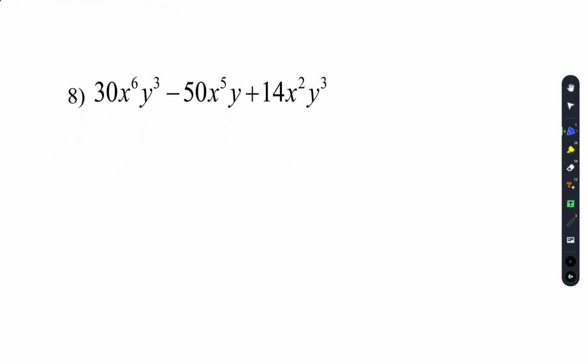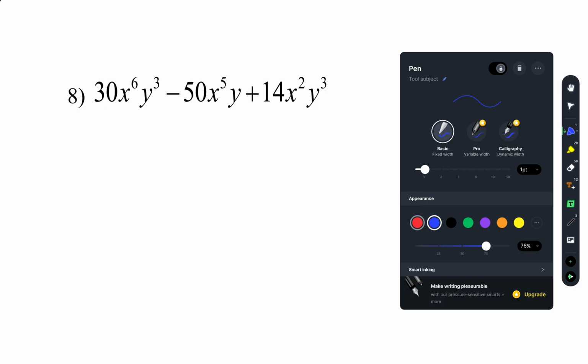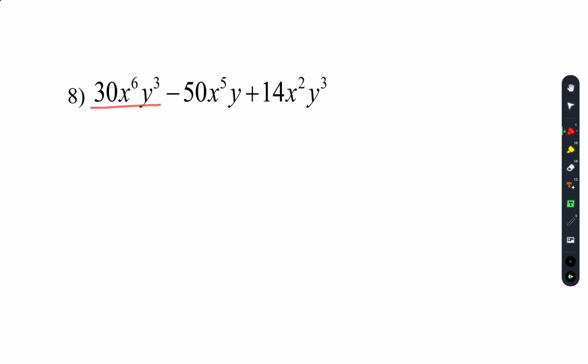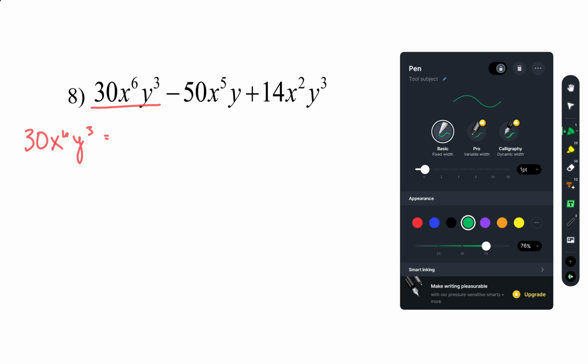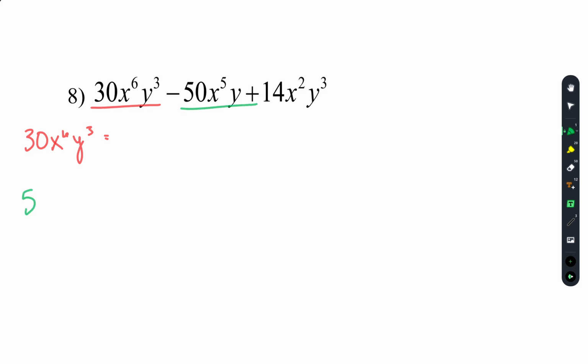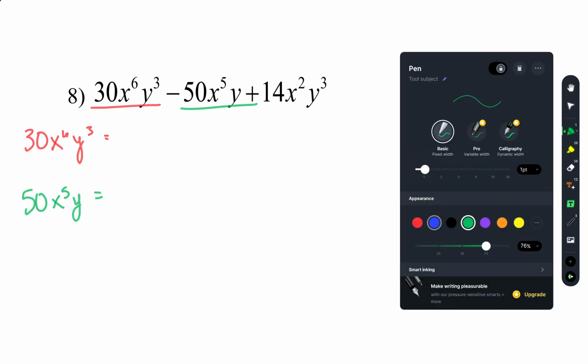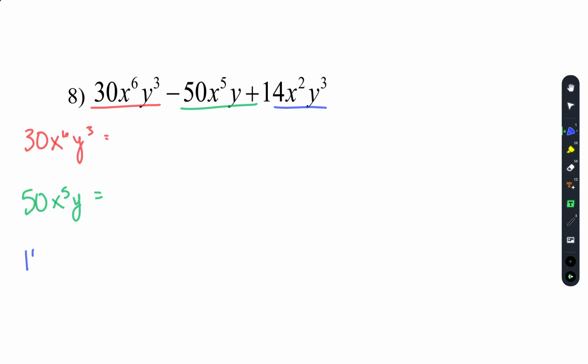Maybe I'll just do it for this one, because the numbers on this one are kind of all over the place. So if I did 30x to the 6 y cubed, I'd break that up. And then I would do the 50. The signs you don't really have to pay attention to when you're doing this. And then your 14x squared y cubed.